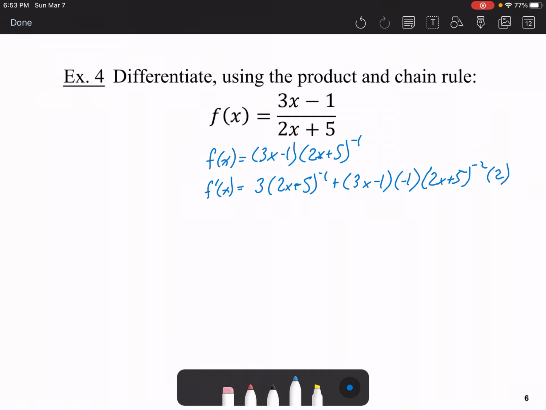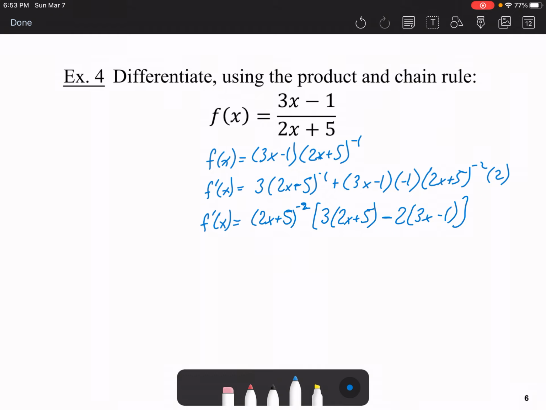Like so. Find a common denominator. Well, the most common item right here has the lowest exponent. So the lowest exponent right here is actually 2x plus 5 to the exponent negative 2. That's the one that's common. So we're going to common factor that out. That leaves me with a 3 times 2x plus 5 here for my first term. And from my last term, leaves me a negative 2 because of the negative 1 times the 2 times the 3x minus 1.